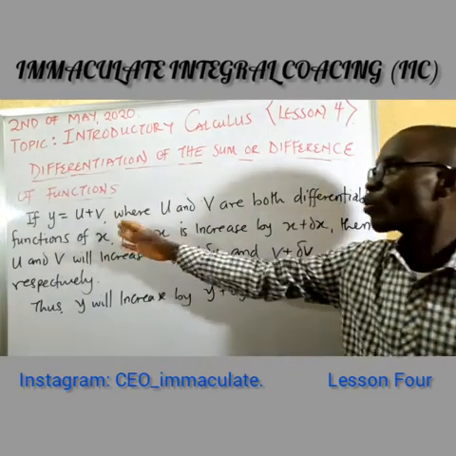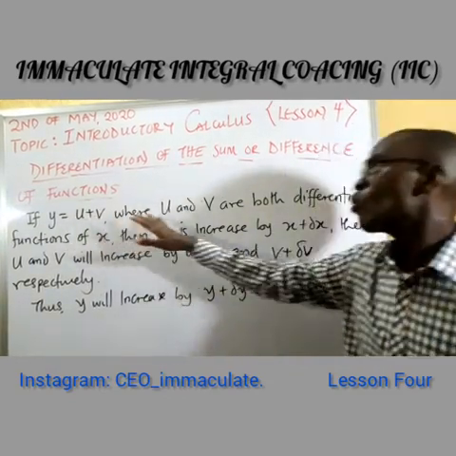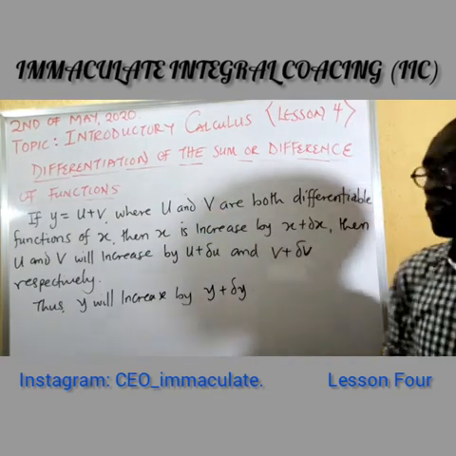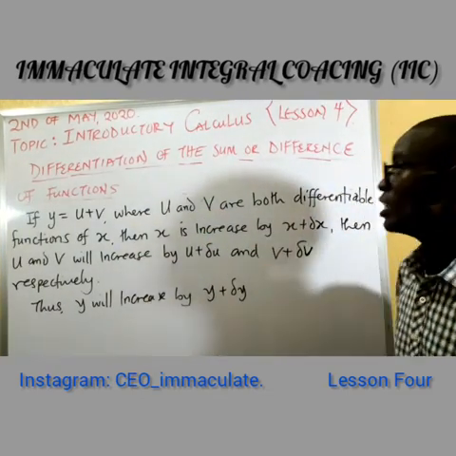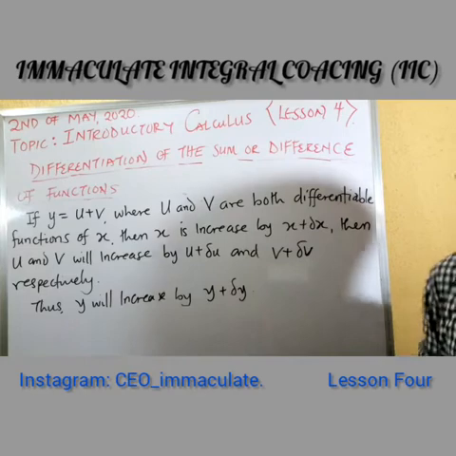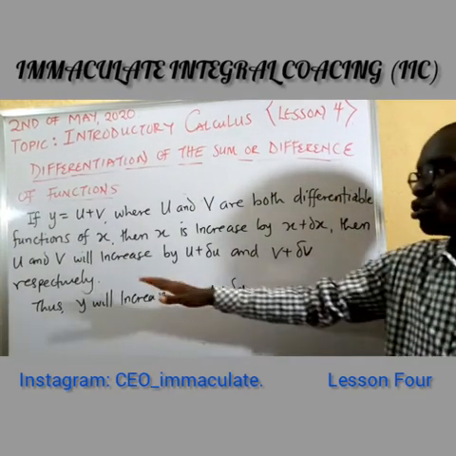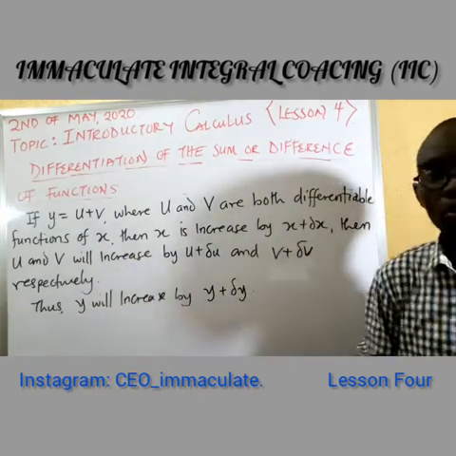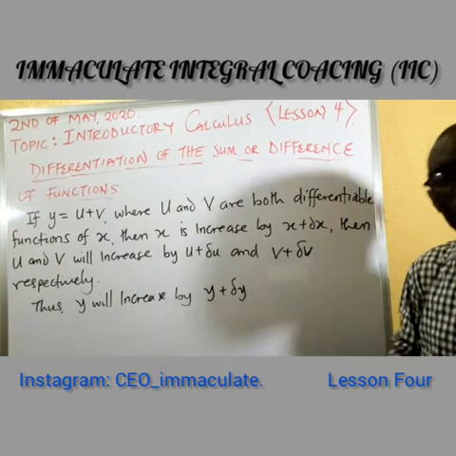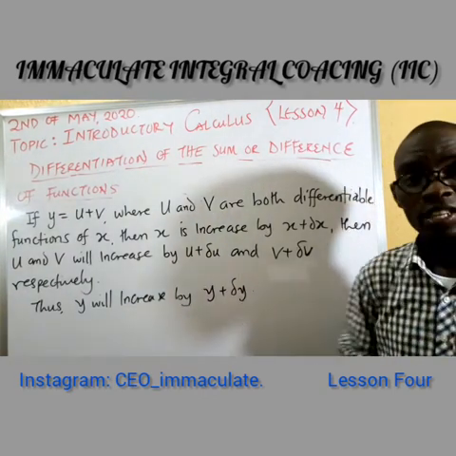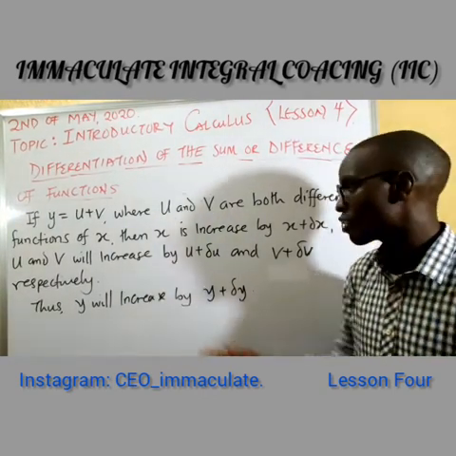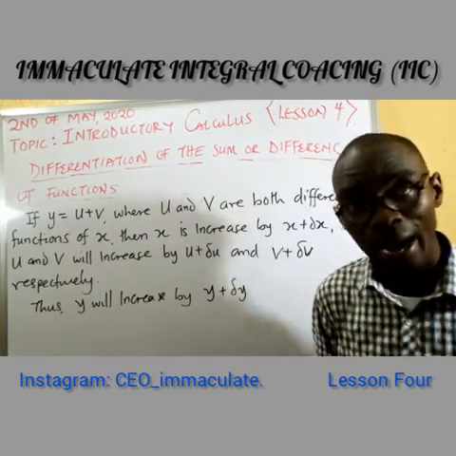If y equals u plus v, where u and v are both differentiable functions of x, then when x is increased to x plus dx, u and v will increase to u plus du and v plus dv respectively. Thus, y will increase to y plus dy.